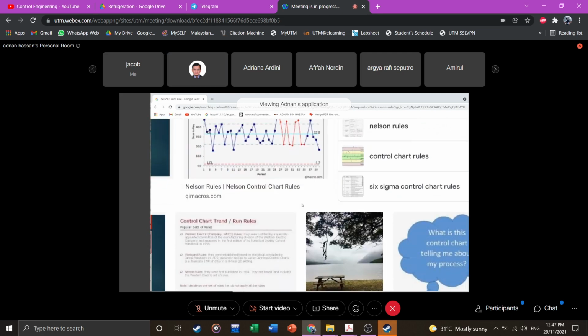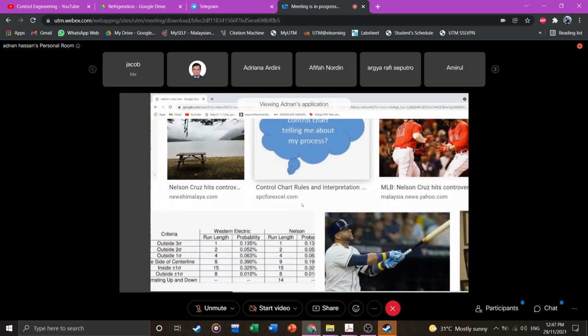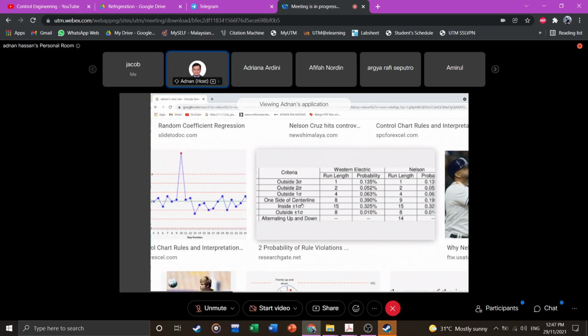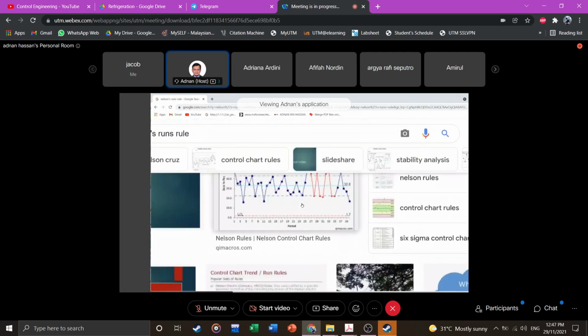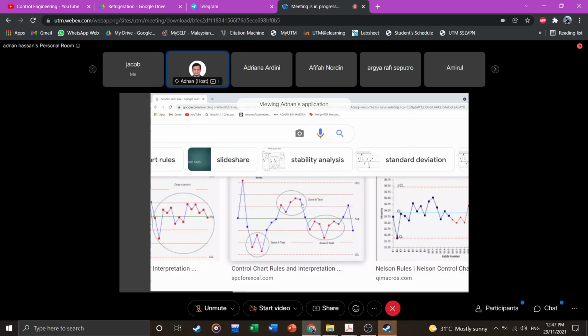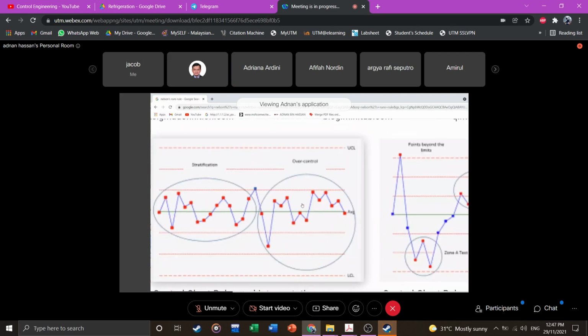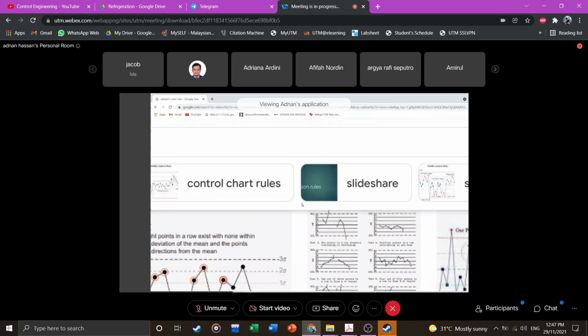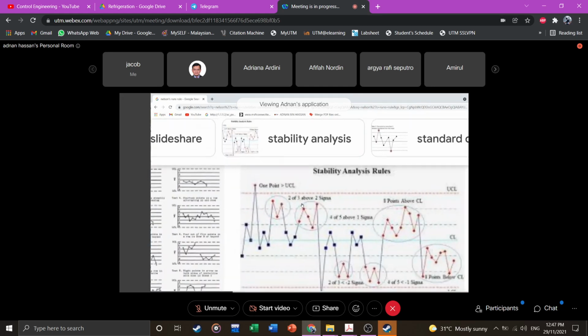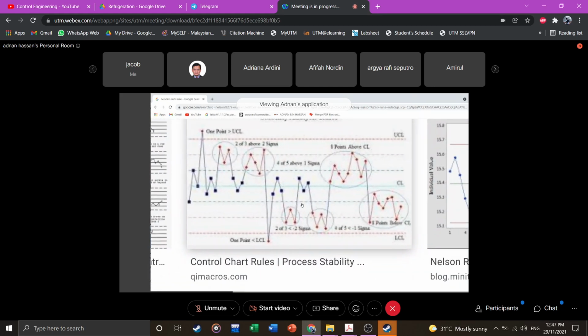Okay, there is a diagram showing how you can divide this into areas.